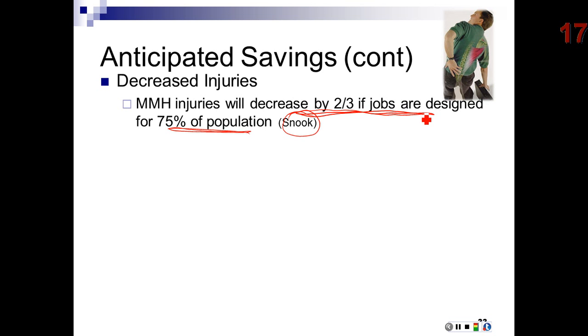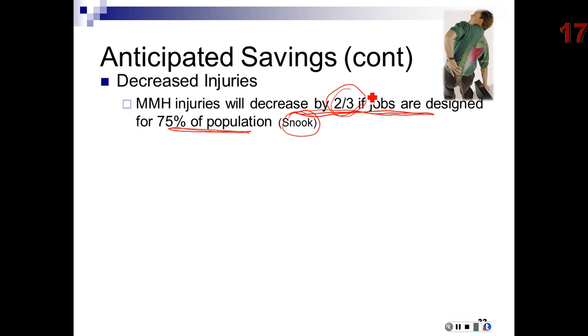So if you can design the job so that most people feel that they're okay for their body, then you'll see a decrease in injuries. I used a 1/3 rather than 2/3 in my problem, again just trying to give a conservative estimate. I don't want to promise the moon.